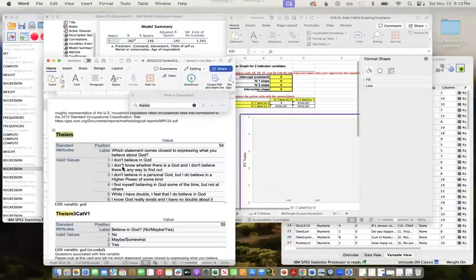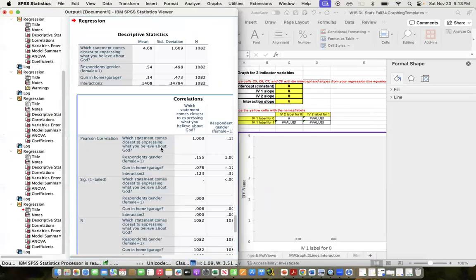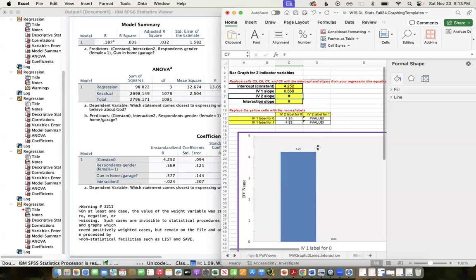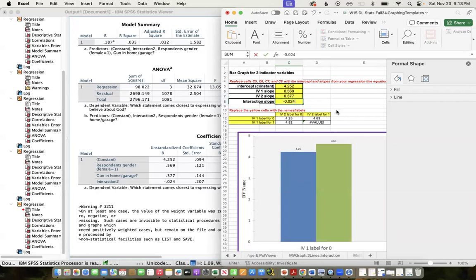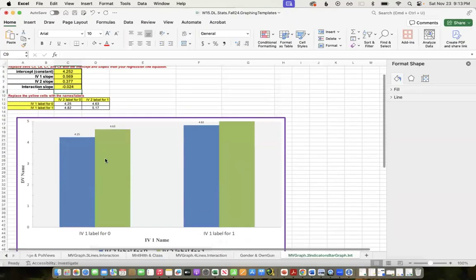So let's run our regression of this one. Here we go. Okay, so 4.252. For this, it doesn't matter which you choose as IV1 or IV2.